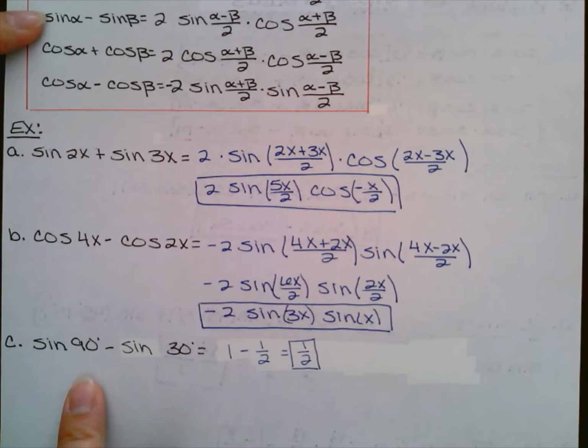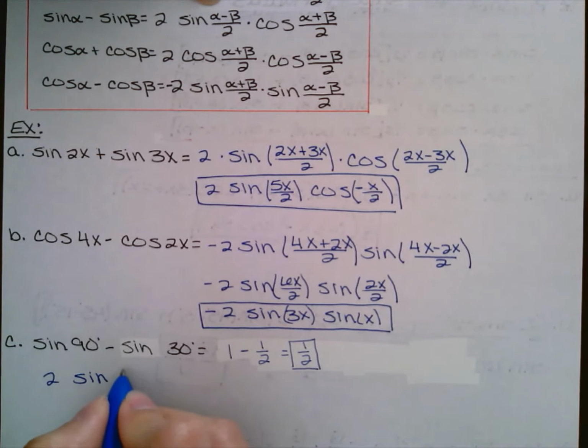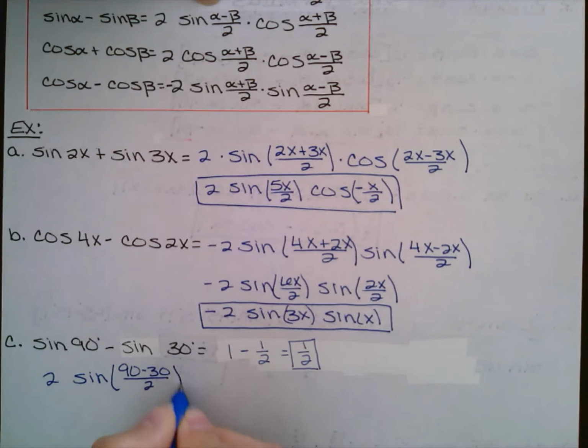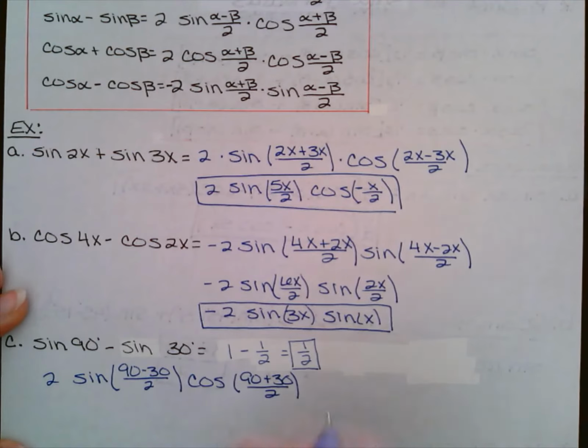So sine minus sine, I'm going to use this formula here. I have 2 times sine of both values being subtracted divided by 2 times cosine of both values being added divided by 2. Okay? So now we have 90 minus 30 over 2. We end up with 30 degrees.